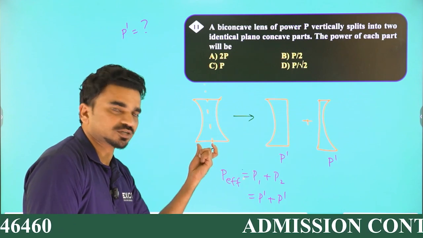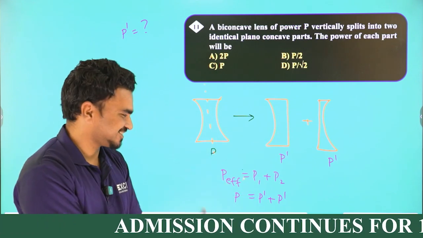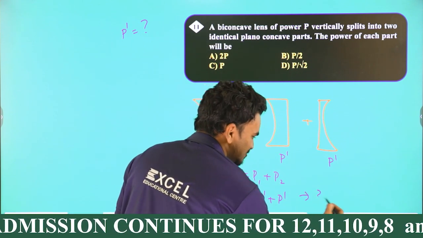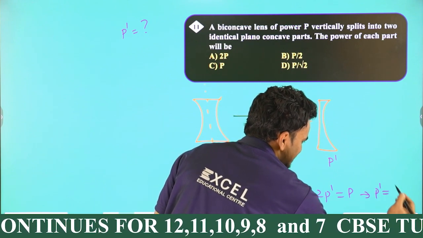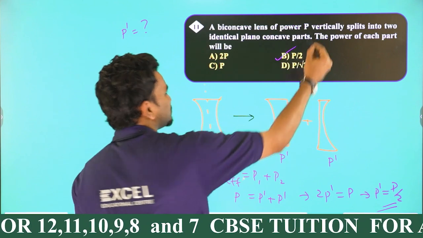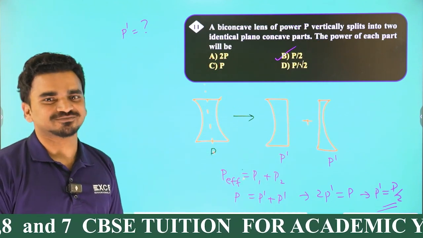The total I want is P. So P dash plus P dash is 2P dash, so 2P dash is equal to P. That gives P dash is equal to P by 2. The answer is P by 2. Great, right? The individual piece power will be P by 2.